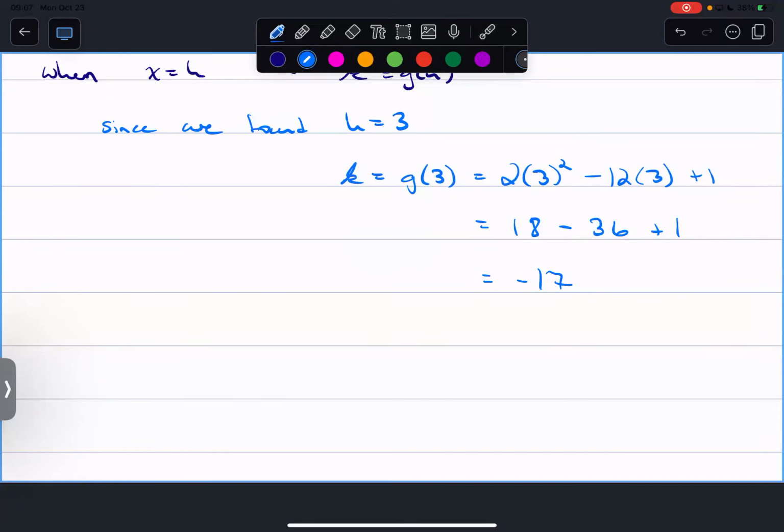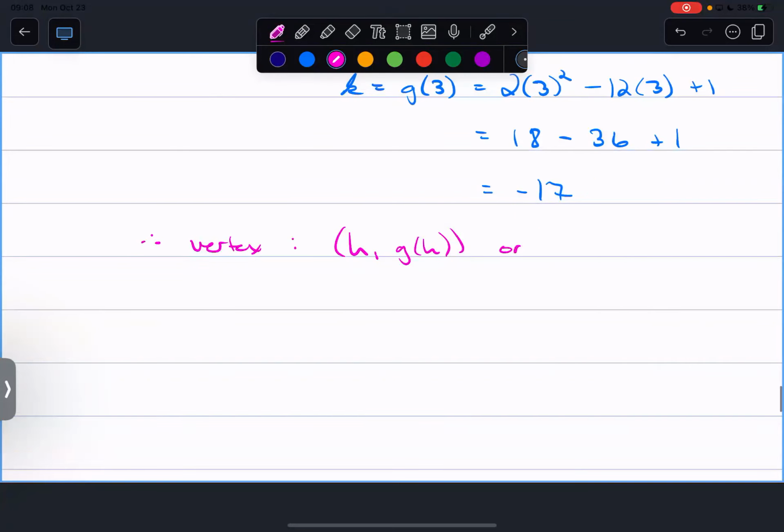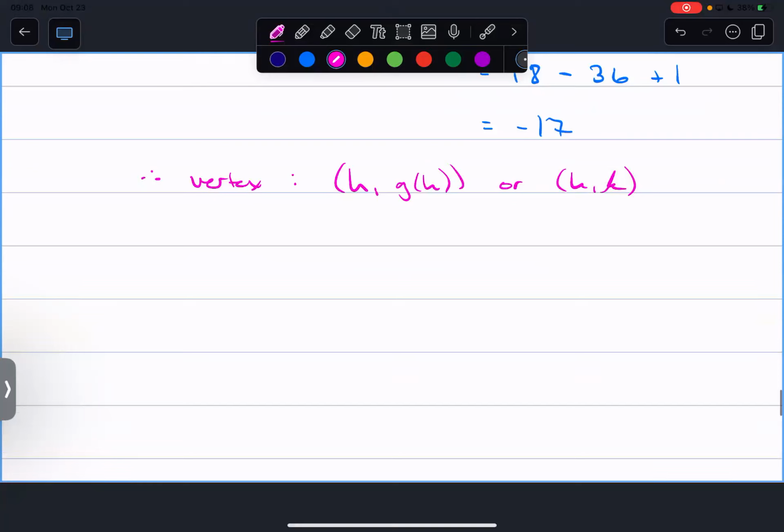So therefore, the vertex is at h, f of h. I guess we had g, but it doesn't matter generically. g of h, or hk if you prefer. But in the end, it's going to be at 3, -17, as we saw in the graph. Okay.